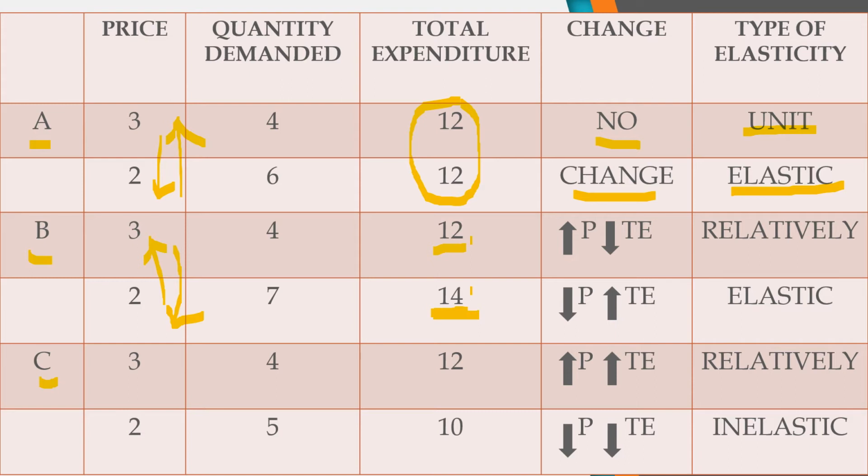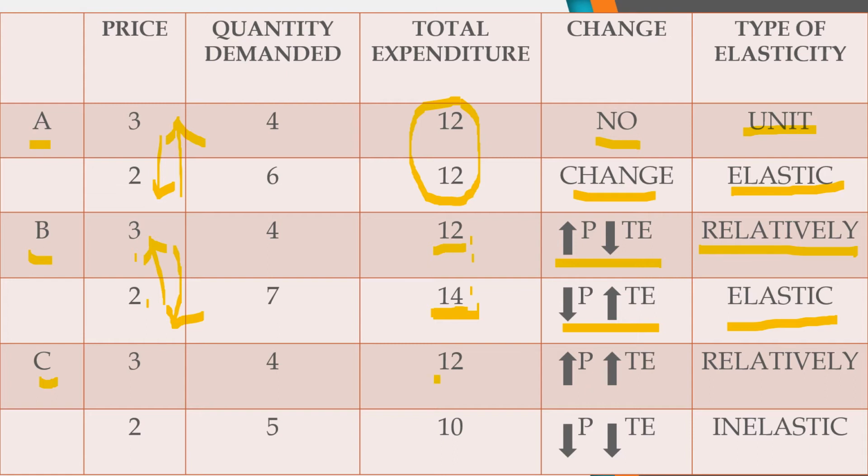And when price rises from 2 to 3, total expenditure falls from 14 to 12. We can see with the help of arrows, it is shown clearly. When you see that there is an inverse relationship between price and total expenditure, you know that the type of elasticity is relatively elastic.